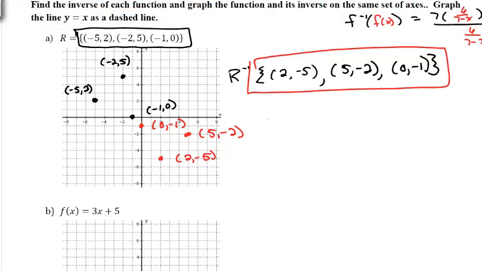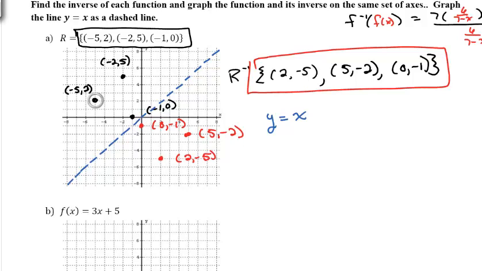And then in blue, I'm going to graph the line y equals x. So the line y equals x is, and I'm going to do it as a dashed line, but it cuts both the first and the third quadrants right in half. And so what you'll notice here is that this black dot, if you reflect it across the blue line, becomes this red dot.